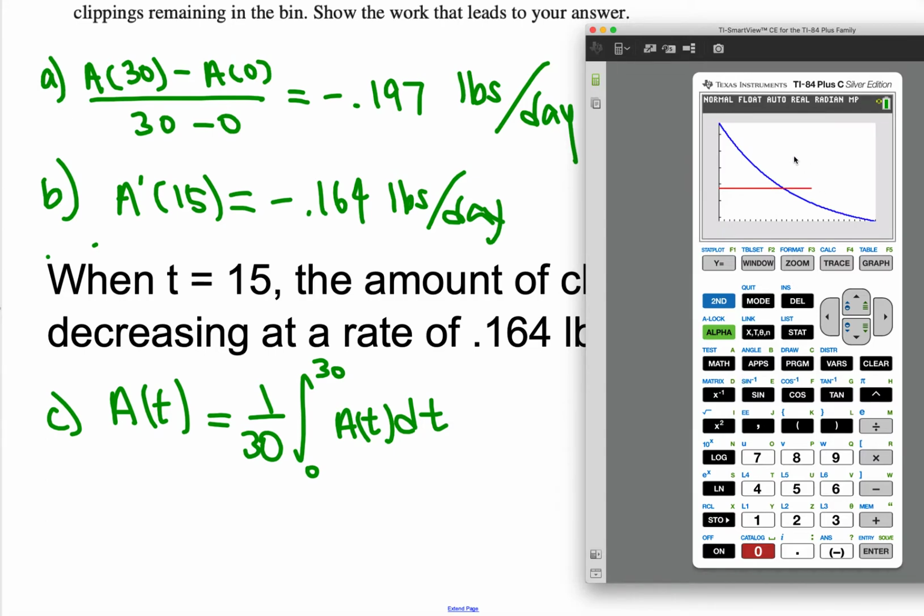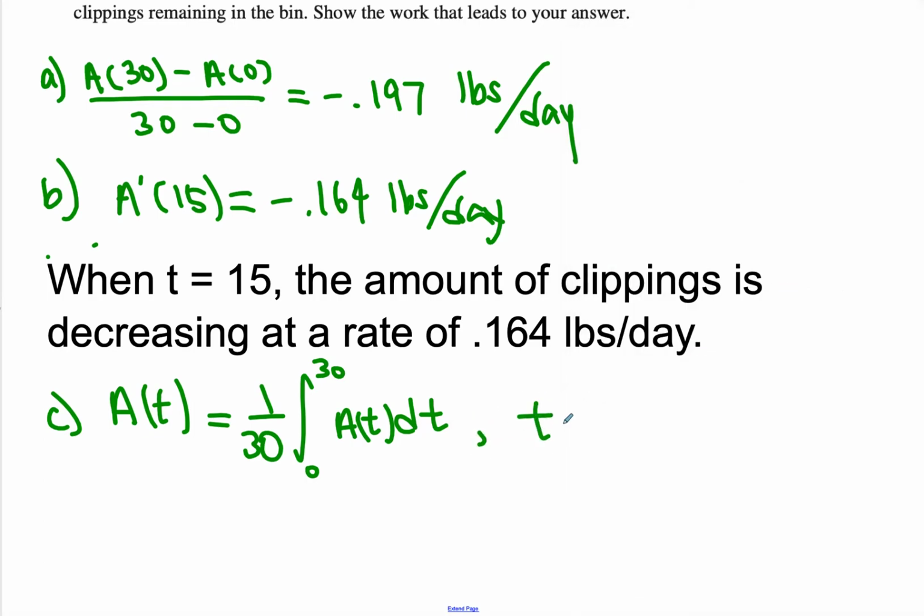As you can see, they are meeting up together. Now, second calc, intersect, number 5. All right, it's 12.414 or 415. So t is equal to 12.415 days. That's basically what we end up getting.